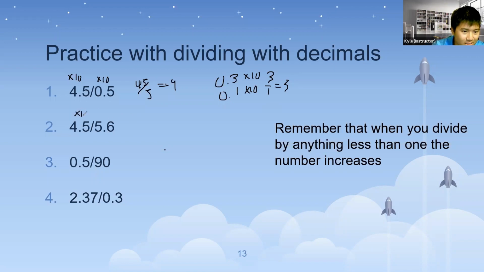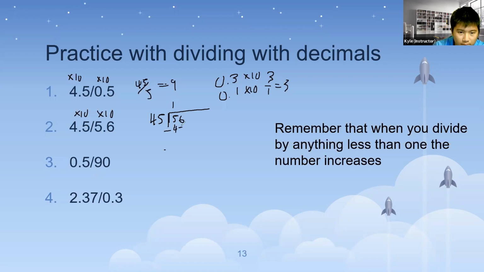So we have 45 divided by 56. And again, I'm just expecting you to round to the 10th. So you guys don't have to do the whole, I think it's almost infinite string of numbers. So 45 divided by 56. So we know that that can go in once.